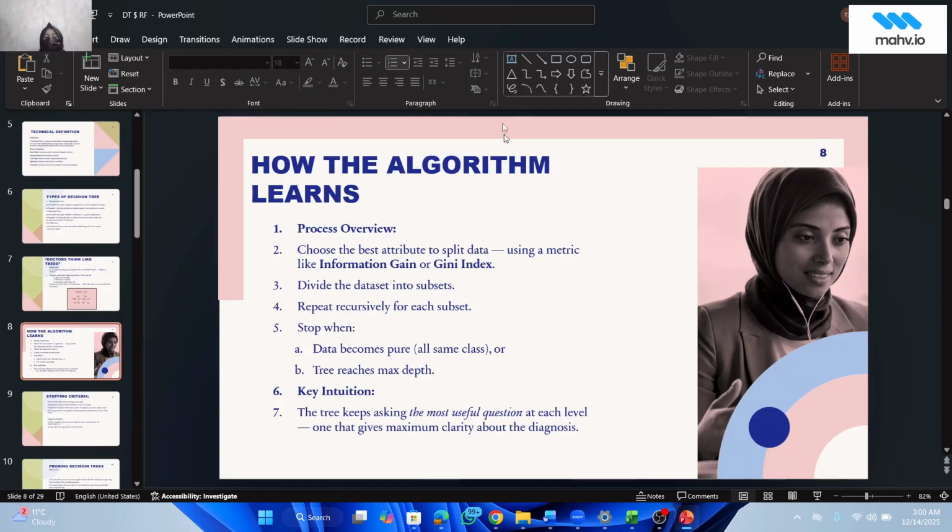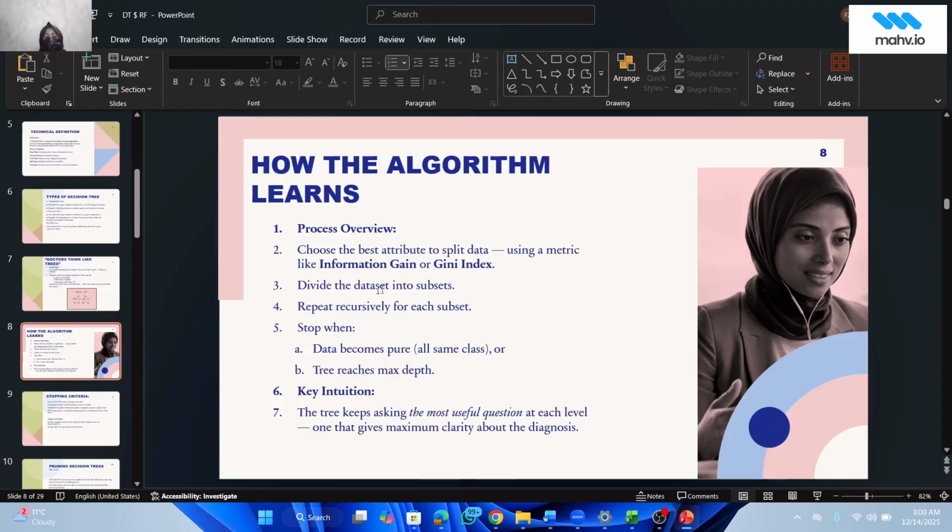After that, how does the algorithm learn? What are the steps? Choose the best attribute to split the data. And how do we choose the best attribute to split our data? We use information gain or the Gini index.